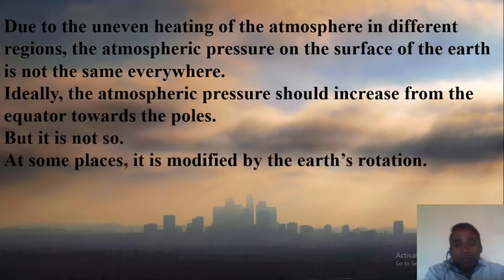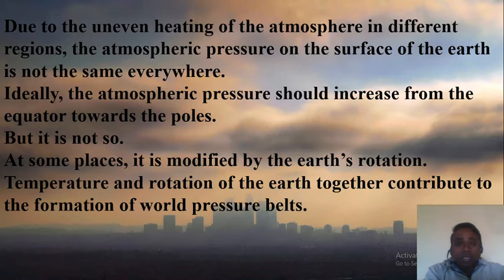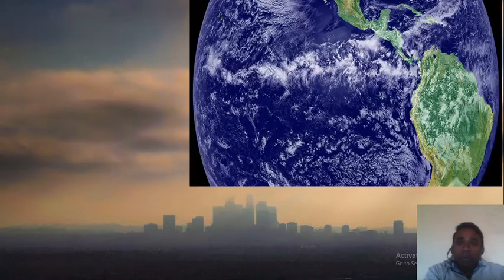But it's not so. At certain places it is modified by Earth's rotation. So temperature and rotation of Earth together contribute to the formation of world pressure belts. We'll be discussing those world pressure belts in this video.